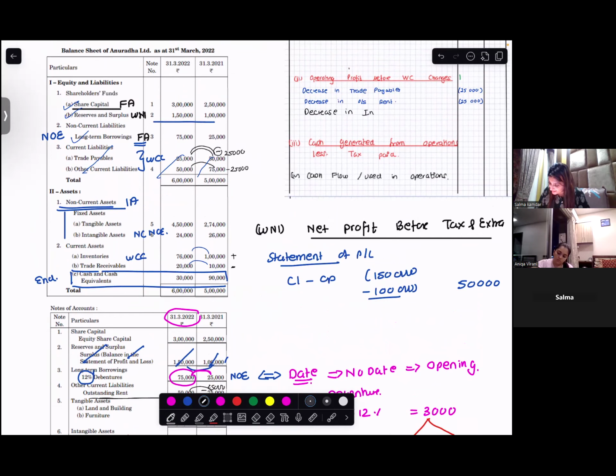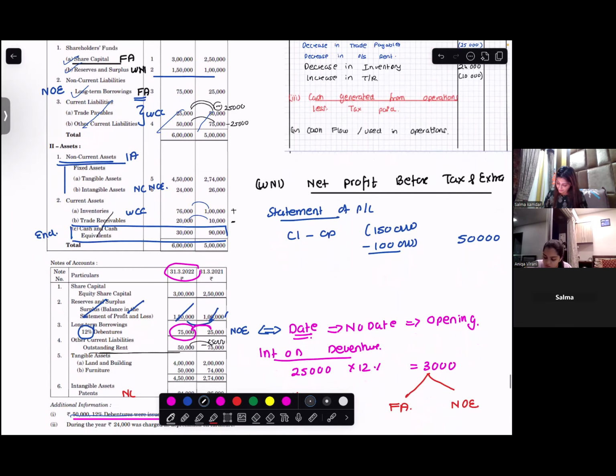So you write decrease in inventory and increase in trade receivables. How much? Decrease in inventory is 24,000 and increase in trade receivable is 10,000. Okay. Current asset is done.